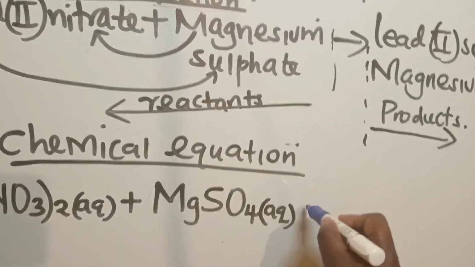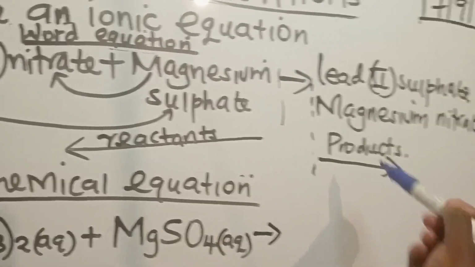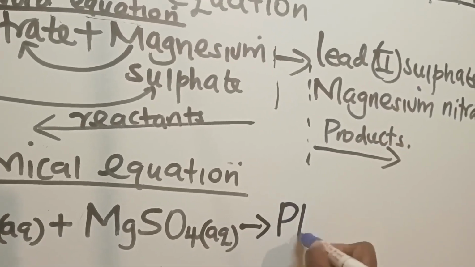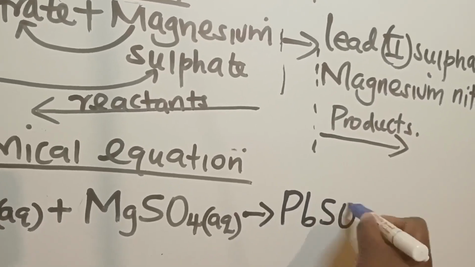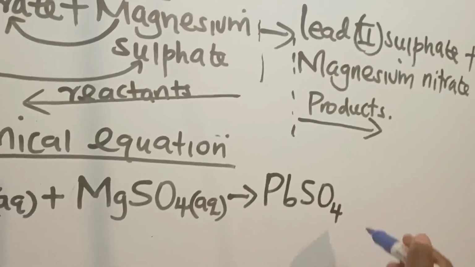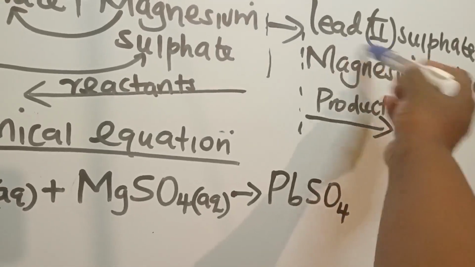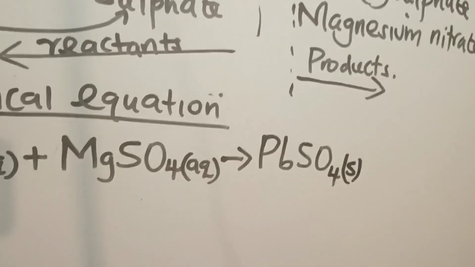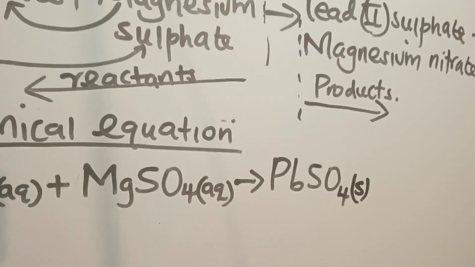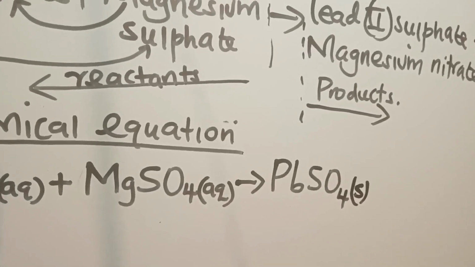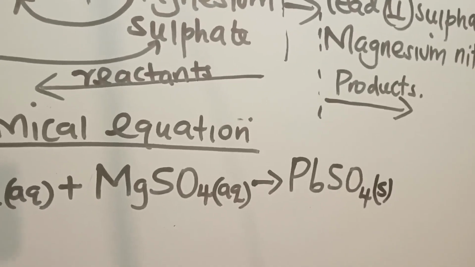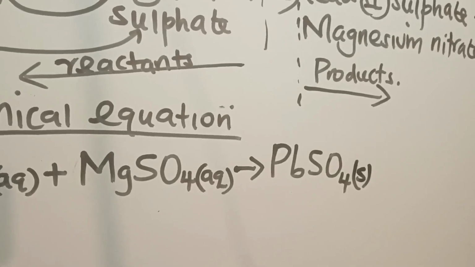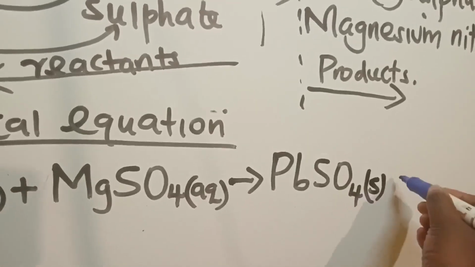Then we got the product side where we have lead 2 sulfate. We say the lead 2 sulfate is in the solid state because, as we said, all sulfates are soluble except lead 2 sulfate, so it is mentioned among the exceptions that are insoluble, so it is in the solid state.